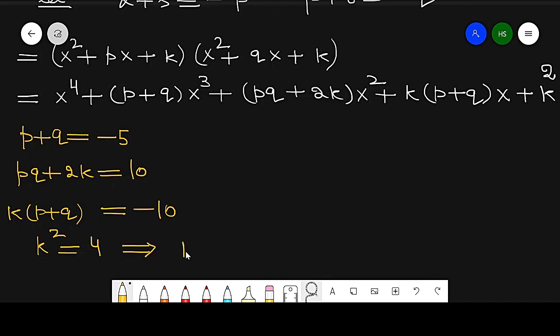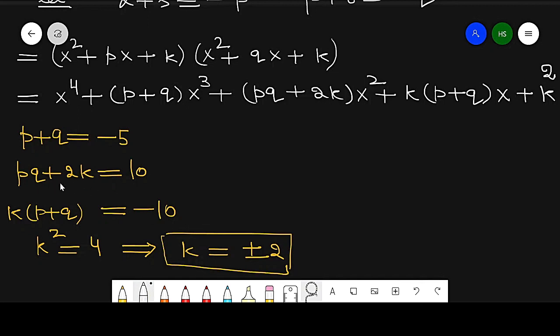So we get two values of k, plus and minus 2. Now we will verify which value is applicable, either plus 2 or minus 2.